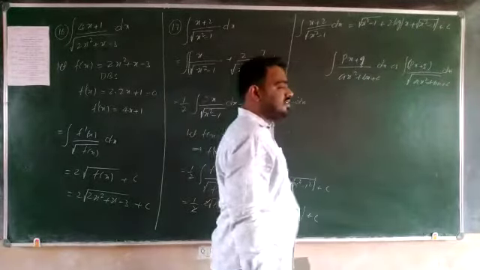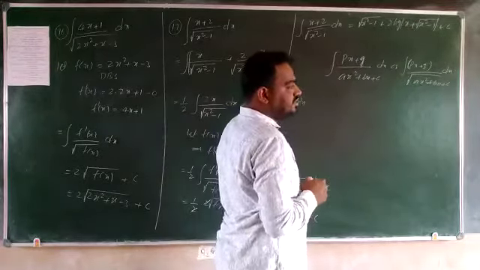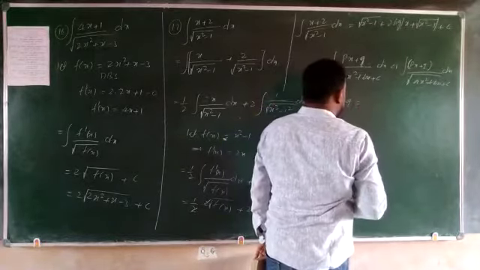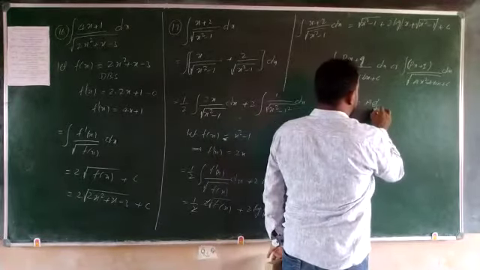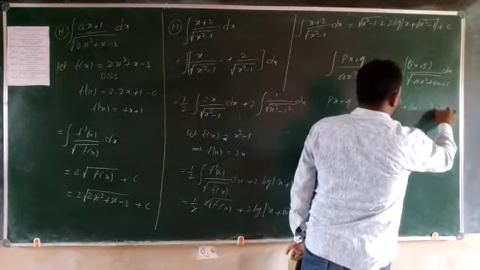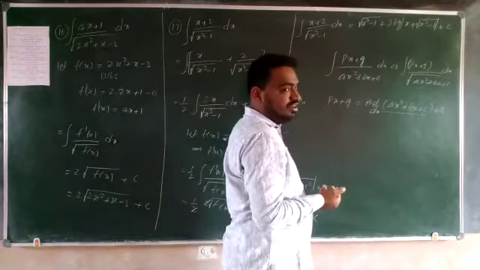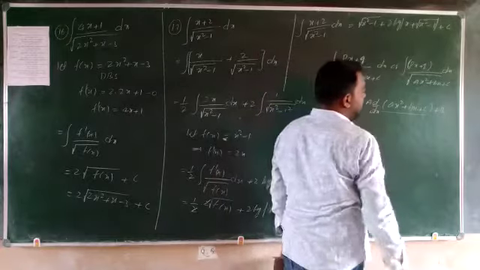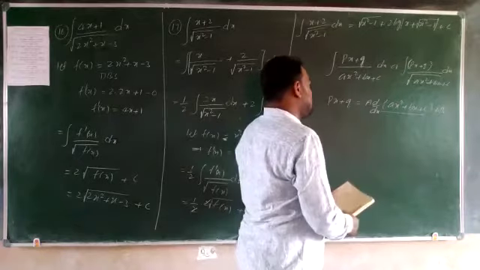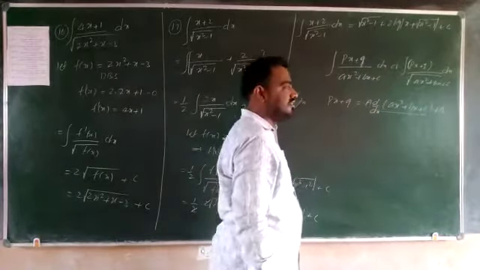If the integrals are in that form, then in these types of questions the working rule for converting the question is: px plus q is equal to a into d by dx of the denominator quadratic term, plus b. Next we differentiate this term, then compare the x coefficients on both sides. By comparing the x coefficients we get the a value. By comparing the constant terms we get the b value. In place of px plus q we substitute this. After the simplification, we get the solutions.